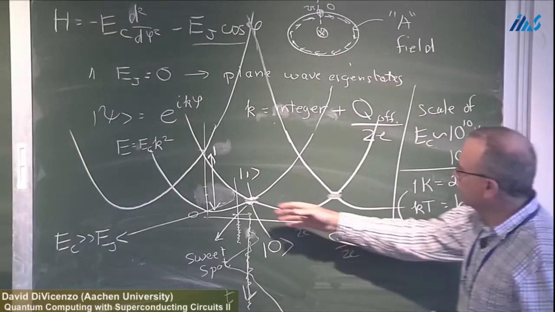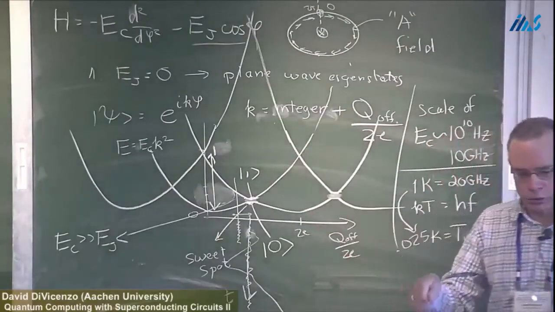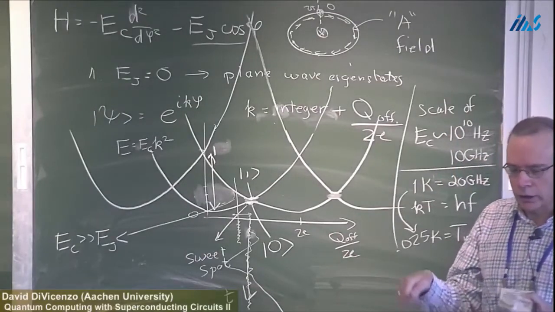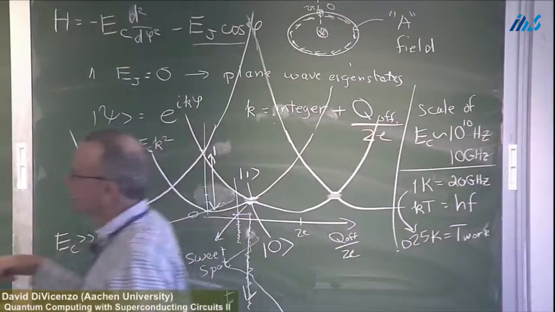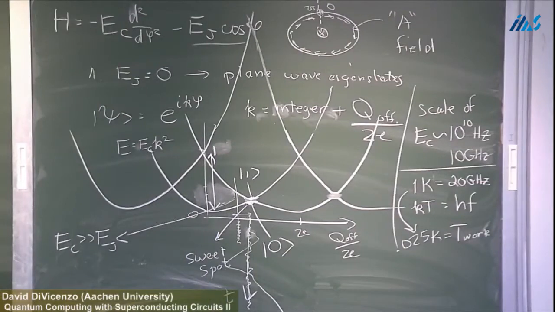So when you go from one branch to another, you're really changing quite literally by one pair of electrons the number of Cooper pairs, number of electron pairs in this island, this chunk of superconductor, or relative to the bottom. So that's why it was called a Cooper pair box. It was really a box holding discrete numbers or moving discrete number of Cooper pairs from one place to another.